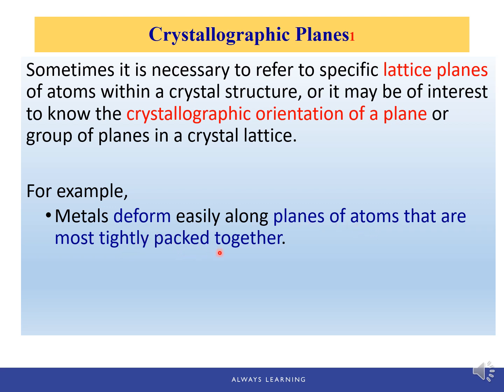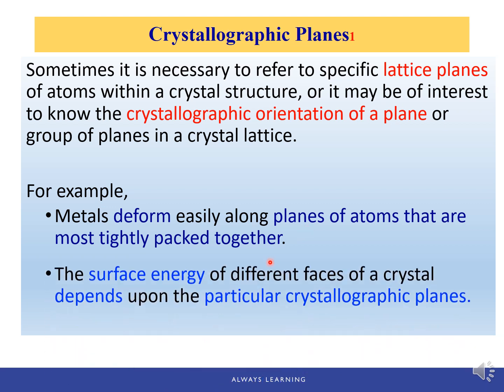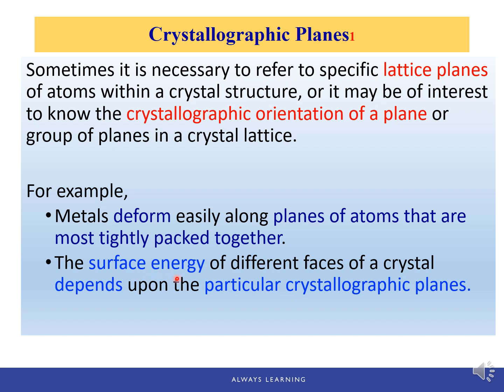We call those close packed planes. So we need to name those close packed planes and then say that along those planes the metals deform easily. Another example is that the surface energy of different phases of a crystal depends upon the particular crystallographic planes as well. Surface energy can be used in the application of materials. Therefore, we need to know or to name certain crystallographic planes within a crystal structure.